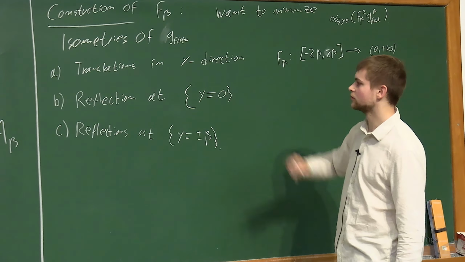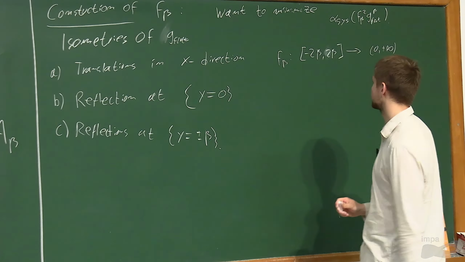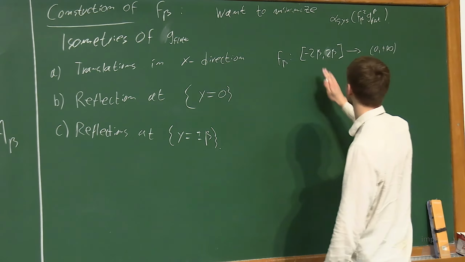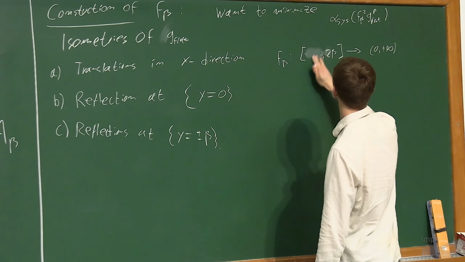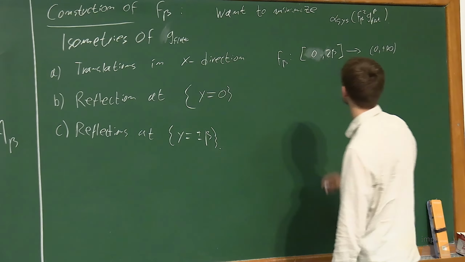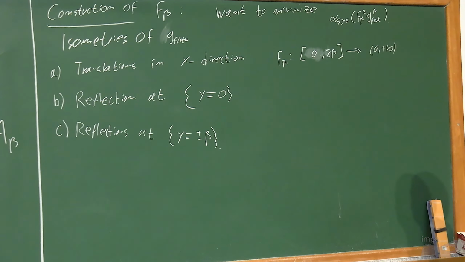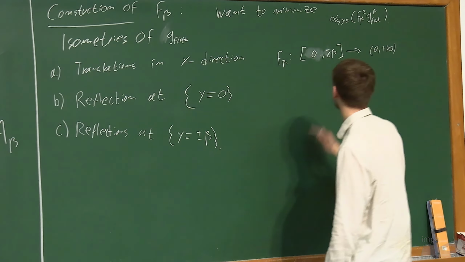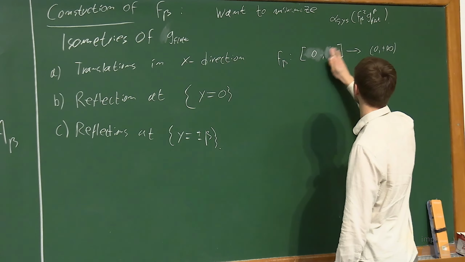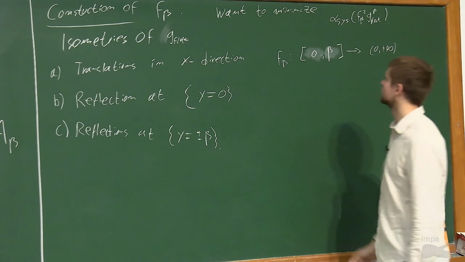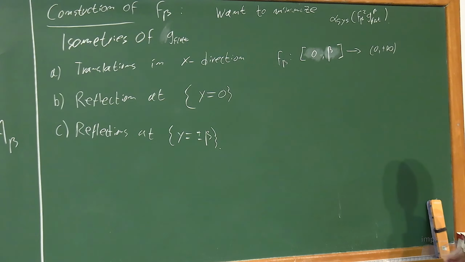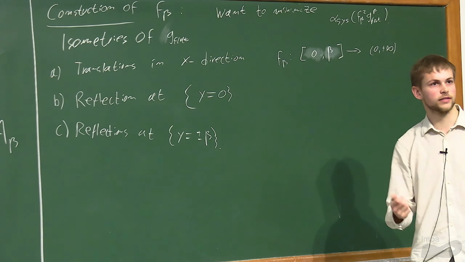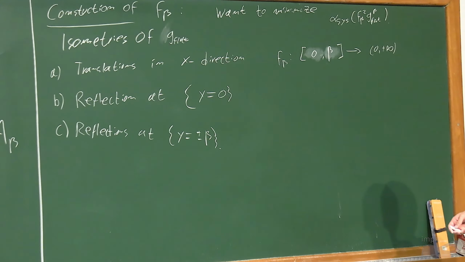Then if we utilize this reflection at y equals 0, we can only consider even functions and look at how it behaves on the interval from 0 to 2 beta and continue this by reflection. And the same we can do with reflections at this level beta. So what we are left with is we only have to consider functions which are defined on this interval 0 to beta. And here we will also see why this can introduce non-smooth functions.